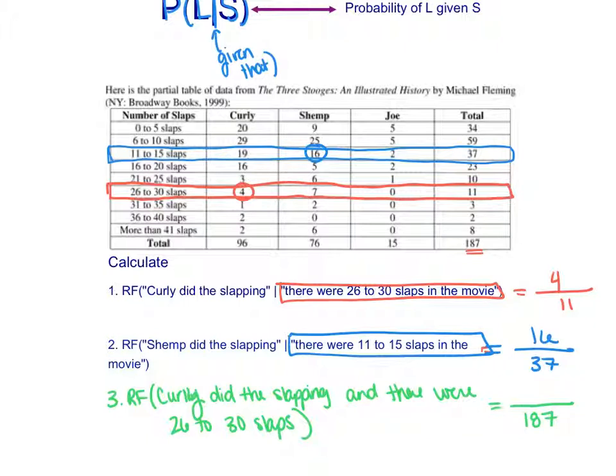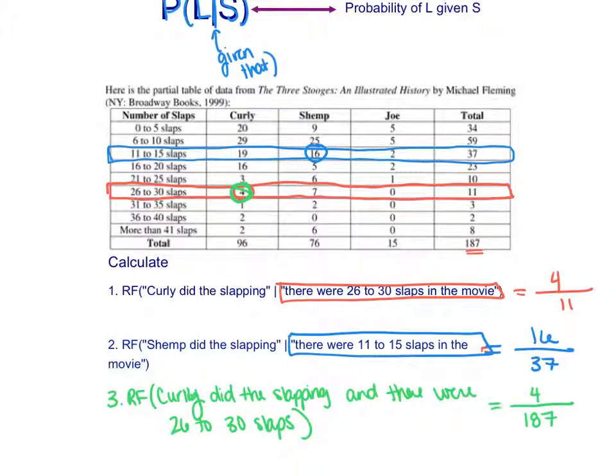So that Curly did the slapping and there were 26 to 30 slaps, I'm looking at all of them, and then I've got to find the intersection where these two things are happening. So I'm looking at the 4 here where Curly did the slapping and there were 26 to 30. That would be the 4 out of the 187.